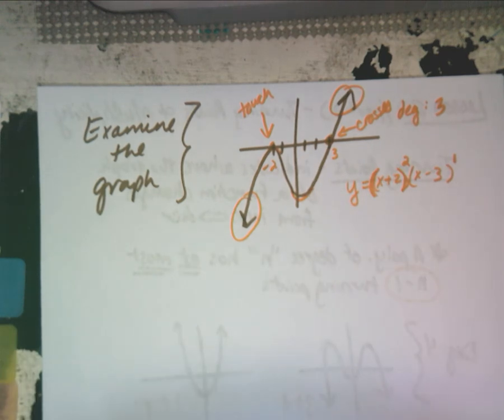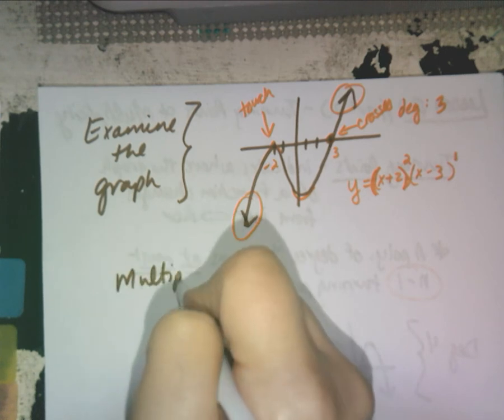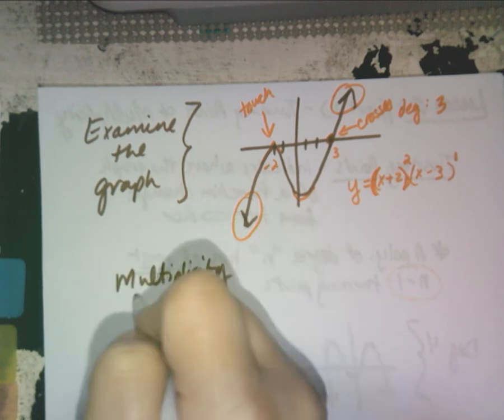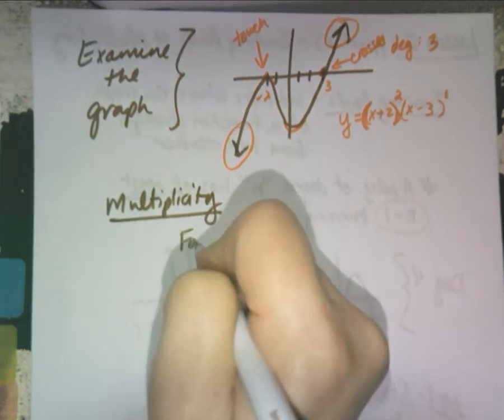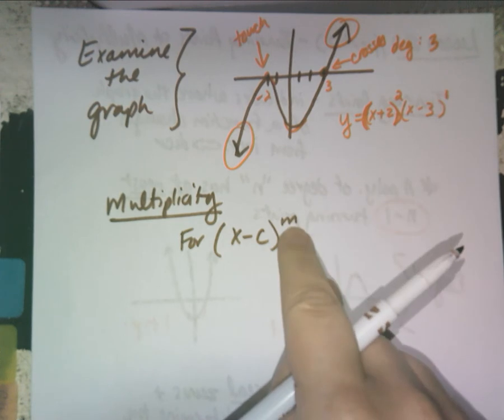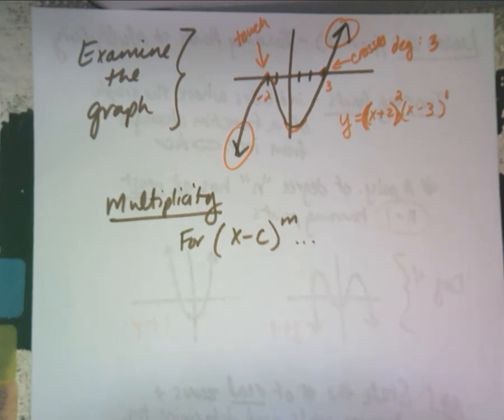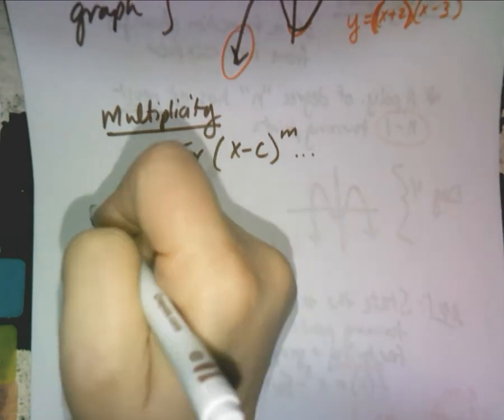So this is the definition for what we call multiplicity. If you have a 0 or a factor x minus c to an m power, whatever that m happens to be, even or odd, there's 2 rules.